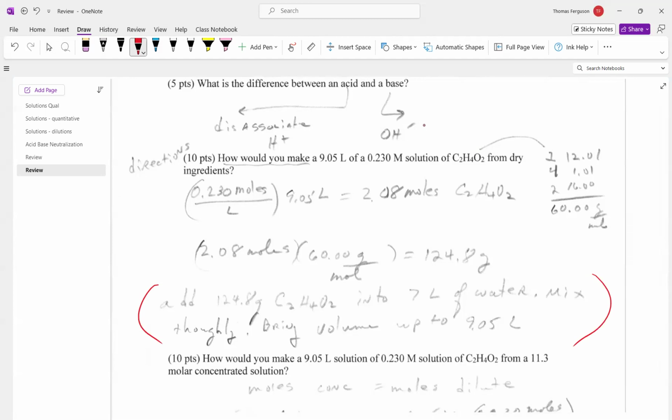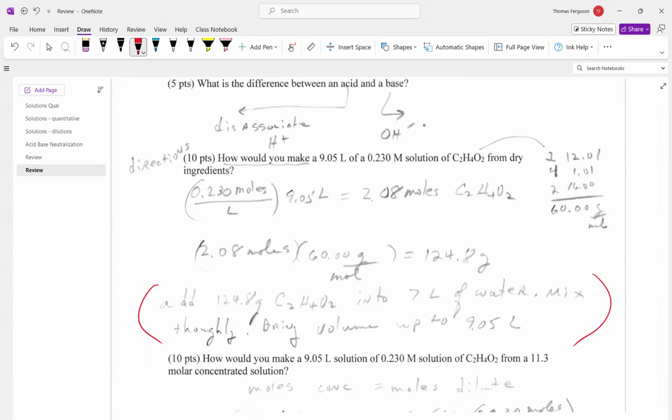Okay, so concentration is 2 parts, moles and volume in liters. Moles and liters. Okay, so the first thing we need to do is figure out how many moles of this C2H4O2 is.